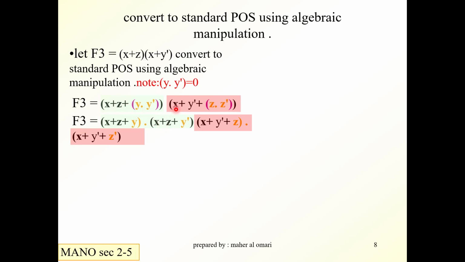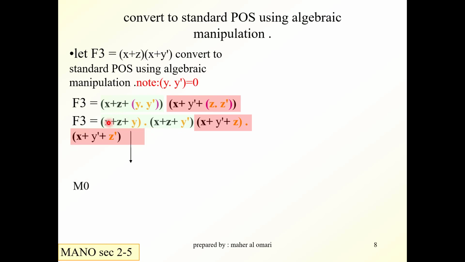The same thing goes here, x or y bar. This is x or y bar, ORed with z, and the next time it's ORed with z bar here. And you notice that this is a sum term that is a max term because it contains all the variables in the domain of the function F3.